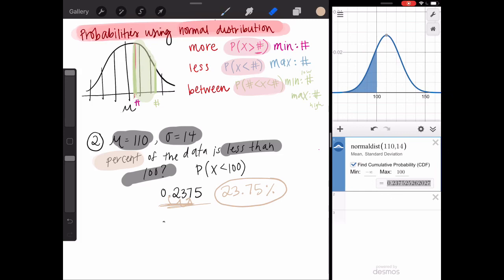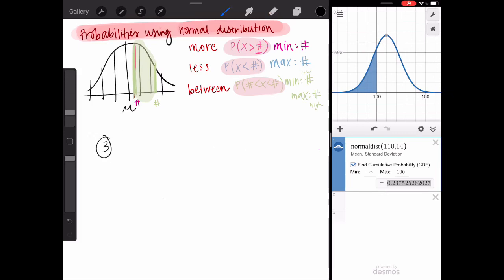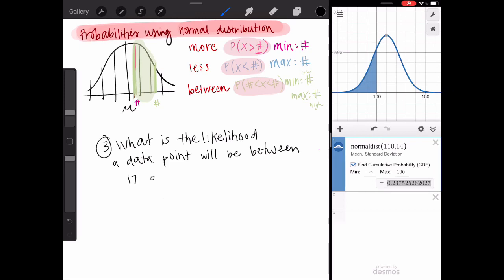Okay, I'm going to do one more example, a between example. What is the likelihood a data point will be between 17 and 18 if the mean is 16 and the standard deviation is 1.7.